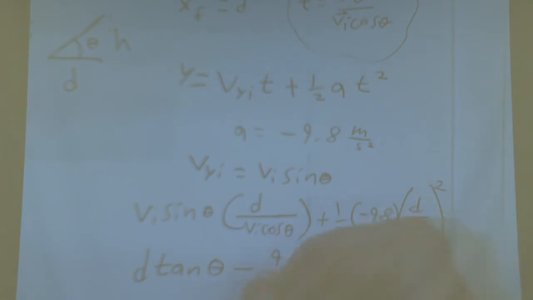D tan theta, so sine over cosine, and V over V, right? This is going to cancel. So d tan theta minus 9.8 d squared over 2v squared cosine squared theta.